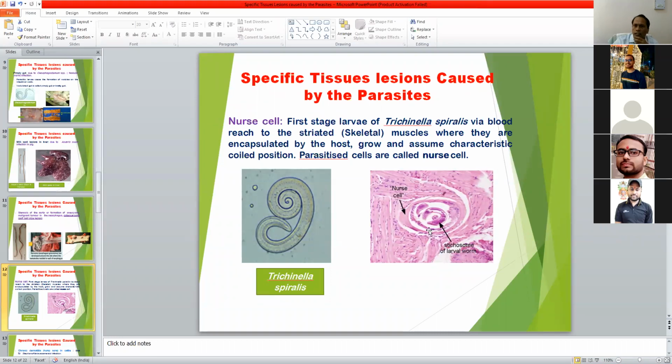The esophagus of the larva is the stichosome, found in Trichinella spiralis. This nematodal parasite produces lesions known as nurse cells in the skeletal muscle of the host. The hosts are pig and man.